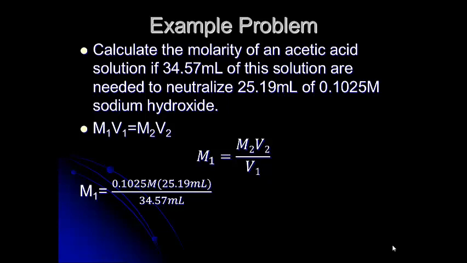And you can see that the milliliters will cancel, and we'll be left with molarity for the unit, the big M. And then the answer would be 0.075 molar. Remember to make sure that those volume units cancel. If you have milliliters for one volume unit and liters for the other, remember that you'll have to do a conversion for that.